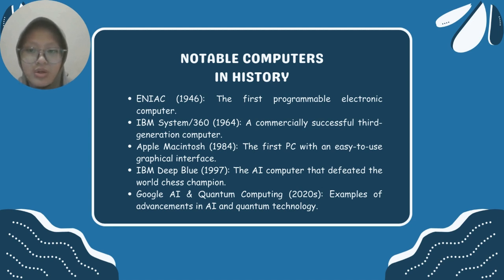IBM Deep Blue, the AI computer that defeated the world chess champion. Google AI and quantum computing, leading examples of advancement in artificial intelligence and quantum technology.